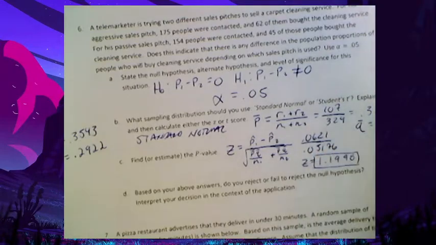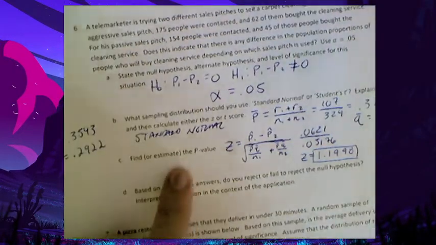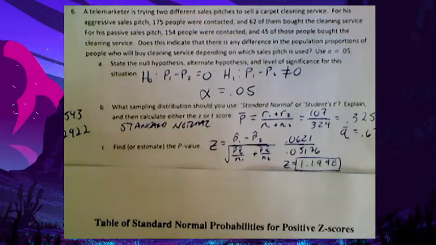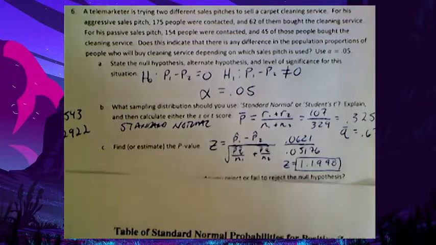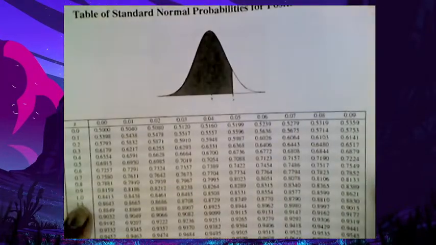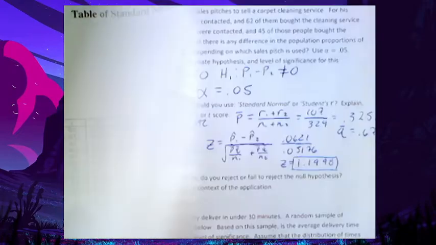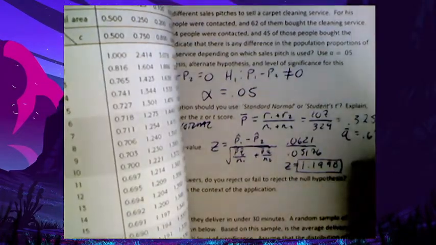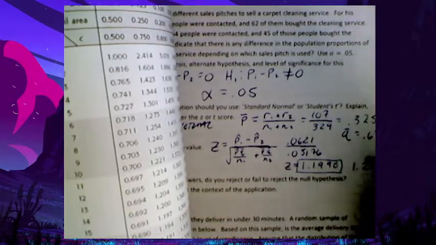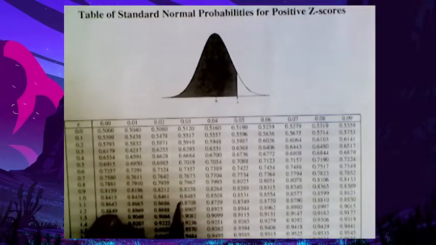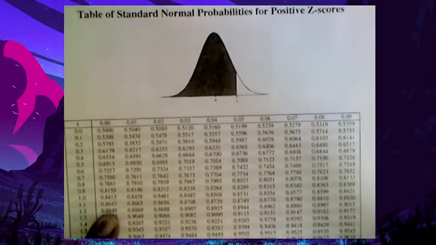Now to find p, since I have a z, I'm going to go to my chart once again. Sorry, my z is 1.199, and we're actually going to be rounding that to 1.20. So 1.20 is right here, 0.8849.